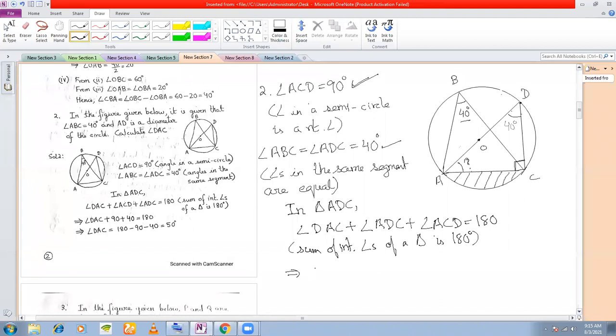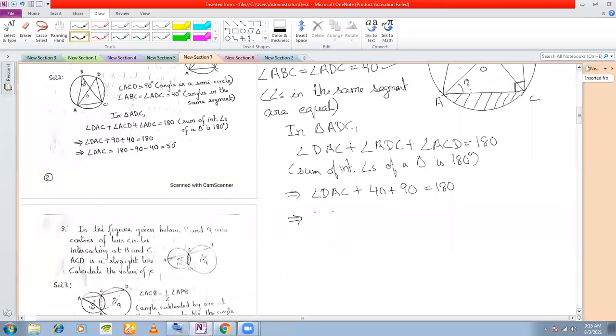Put the values. Angle DAC we need to find out. Angle ADC is 40. Angle ACD is 90, equal to 180. Angle DAC plus 130 is equal to 180.